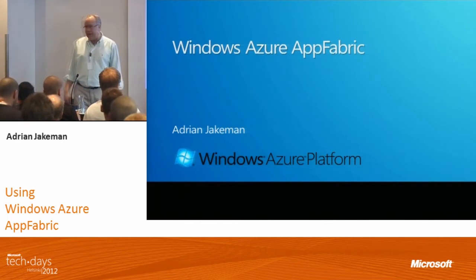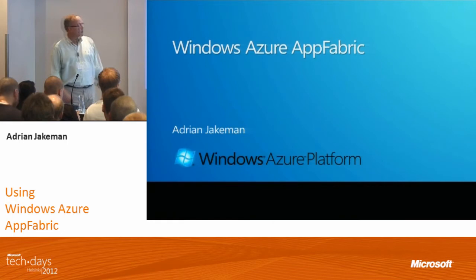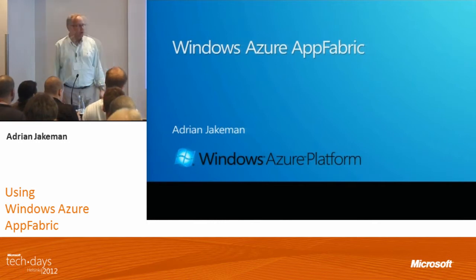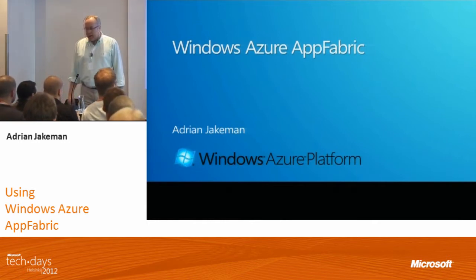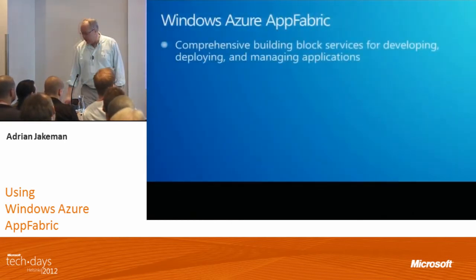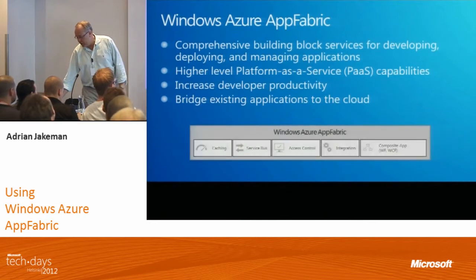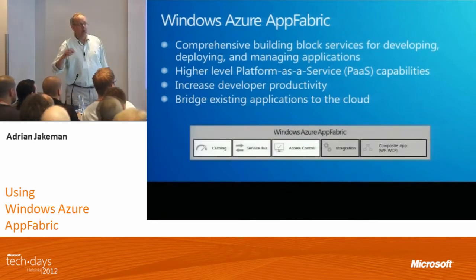Okay, so we're now down into the fourth bit of the Windows Azure platform. This is the AppFabric bit, not to be confused with Windows Server AppFabric, cunningly named with the same name. A slightly different offering here. The AppFabric part of Windows Azure is really all about two things.